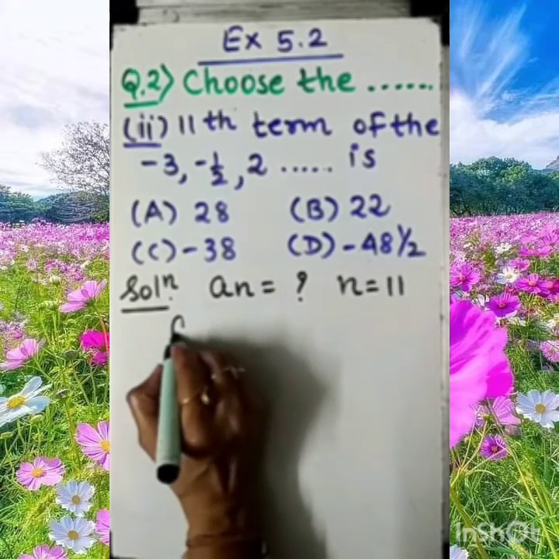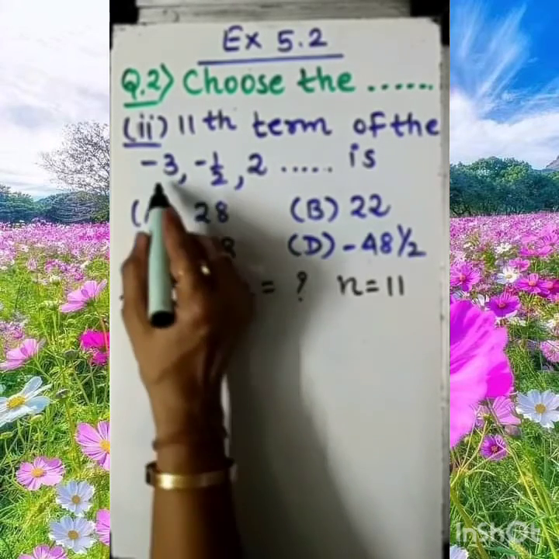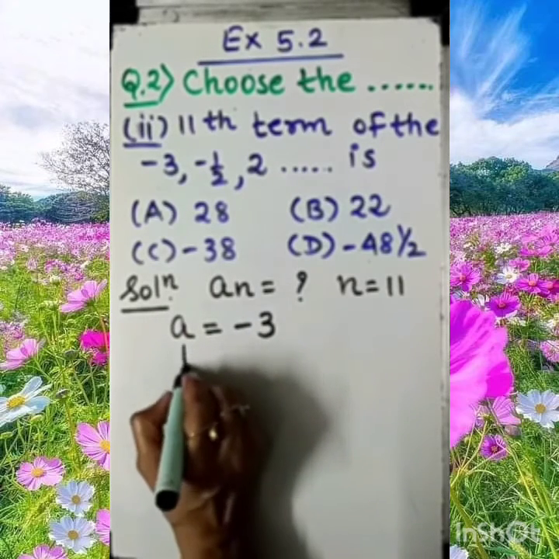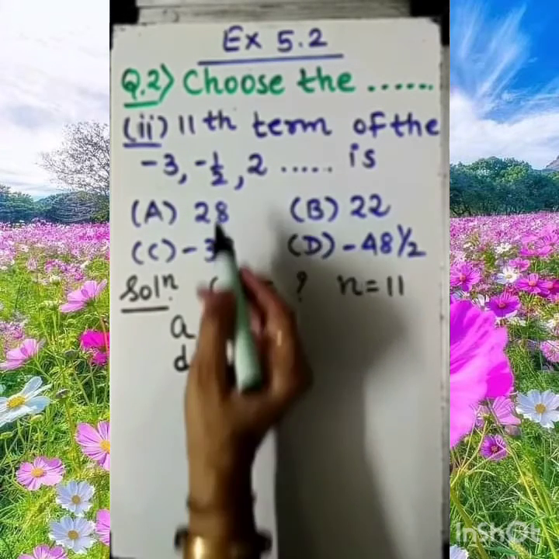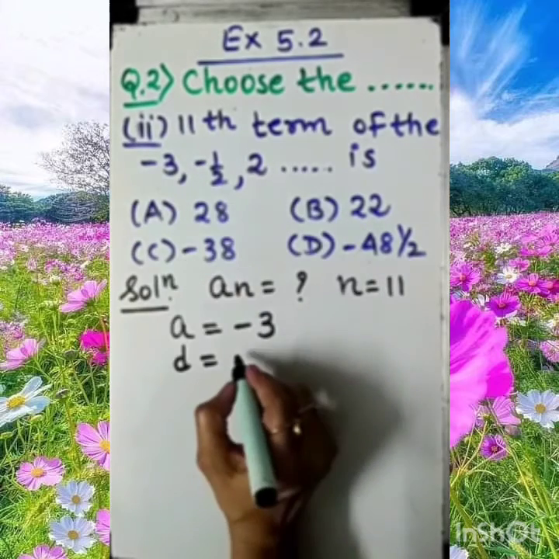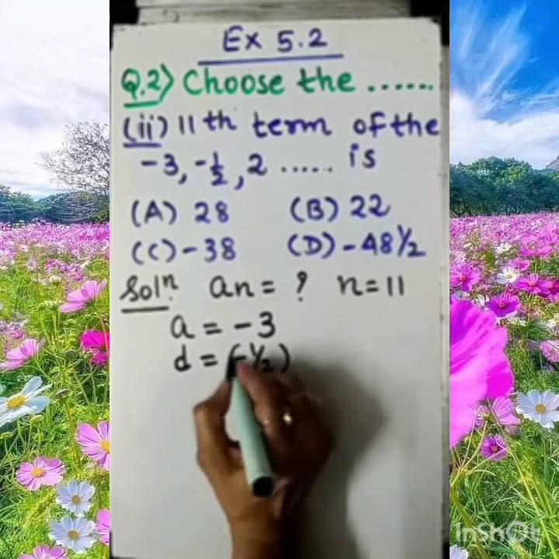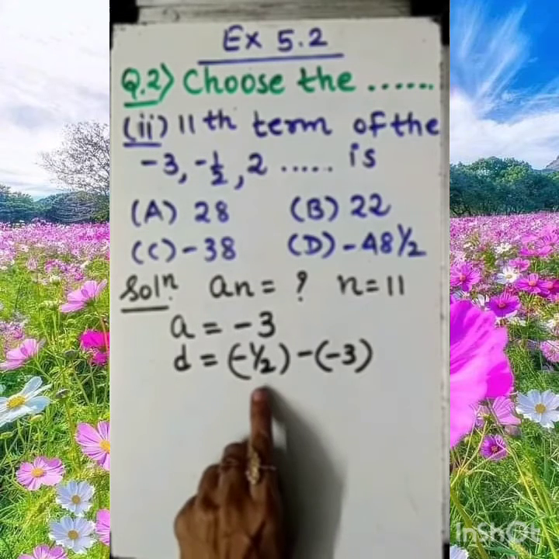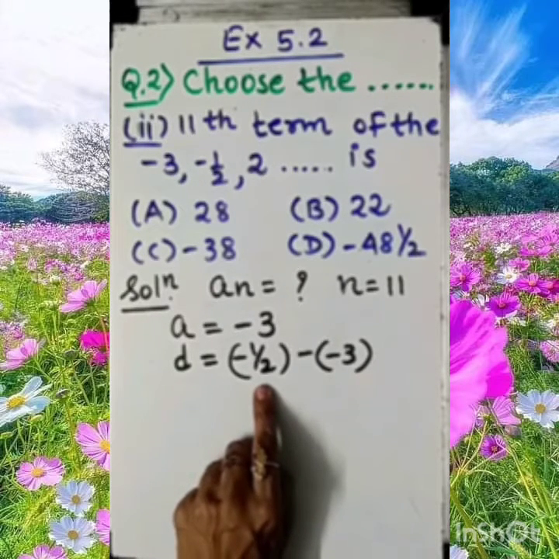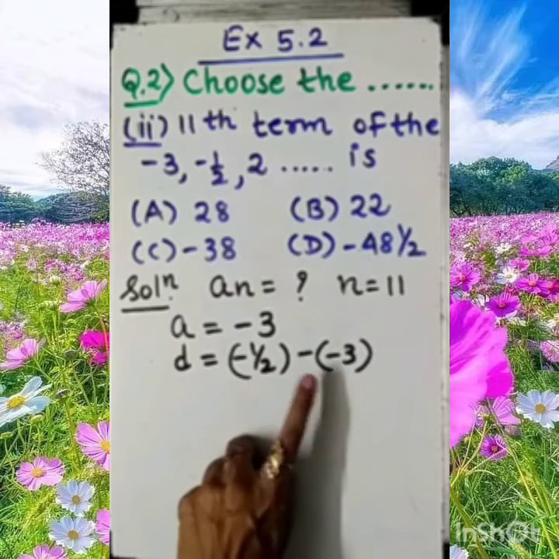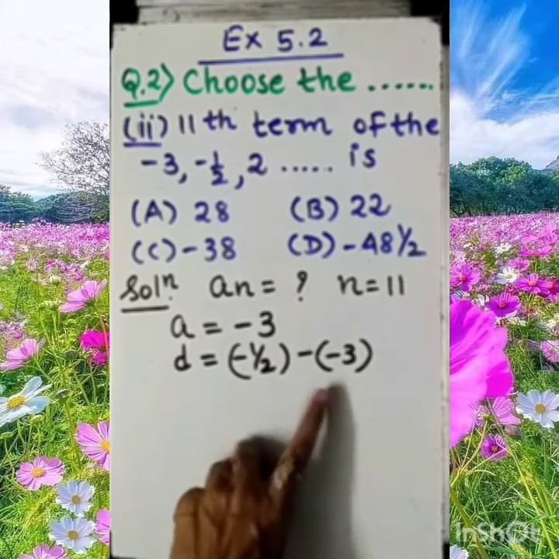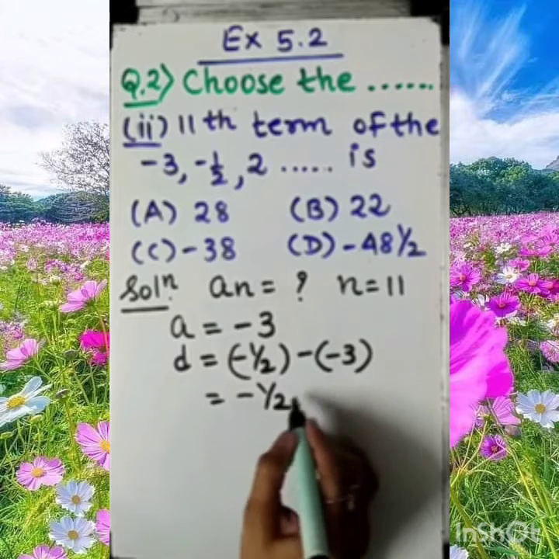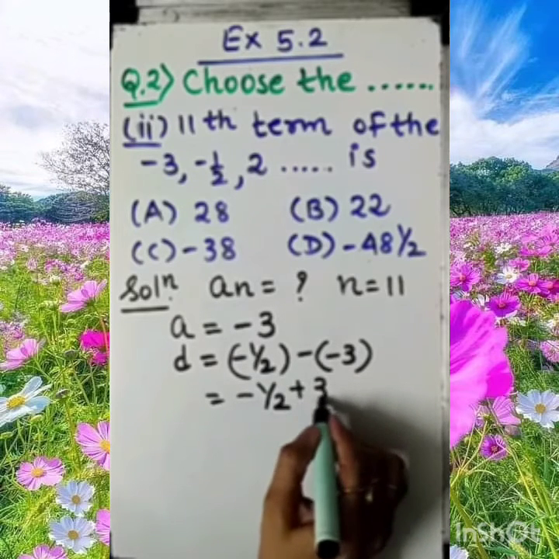Now what about a? a is the first term of the AP, that is minus 3. What about d? d is the difference of second term minus first term. You can see here carefully, I have mentioned the minus sign: a2 minus a1. So the simplification of this will be minus 1 half minus minus 3, that is plus 3.